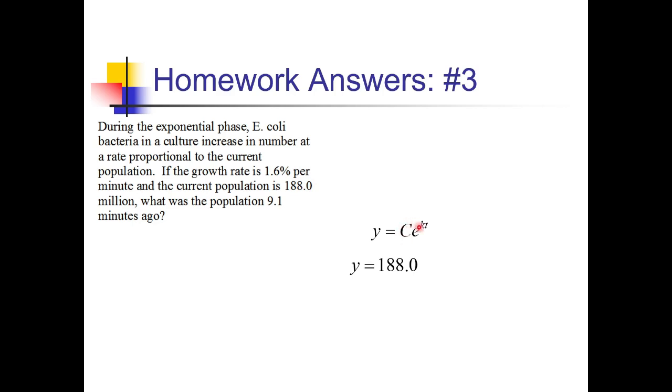And we have e to the k value of, well, we have a growth rate of 1.6%. So as a decimal, that's 0.016. And then for the t value, they said 9.1 minutes ago. So we need negative 9.1. And now I just need to crunch all those numbers on Desmos.